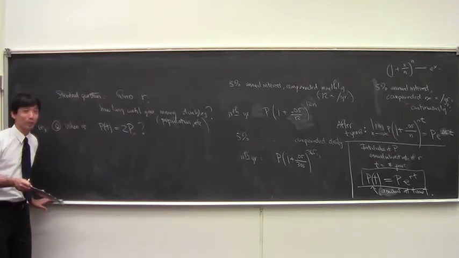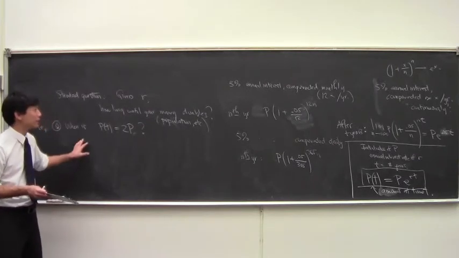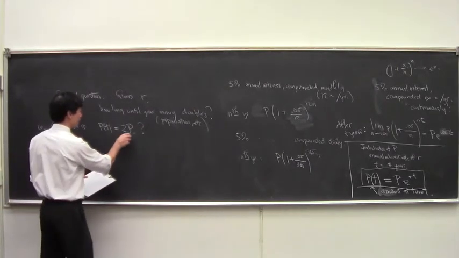Your half minute is up. Who can give me an answer? Or who can tell me how? Let's work it out. What should I do? How do I figure this out?